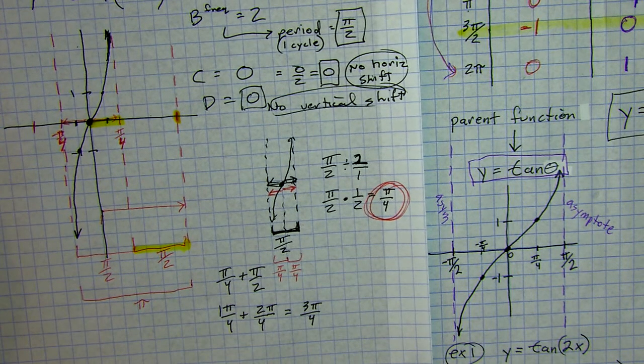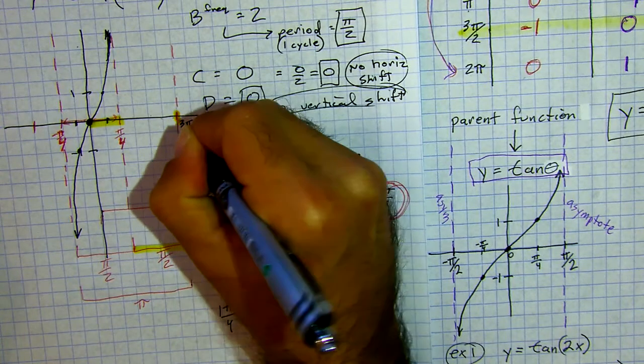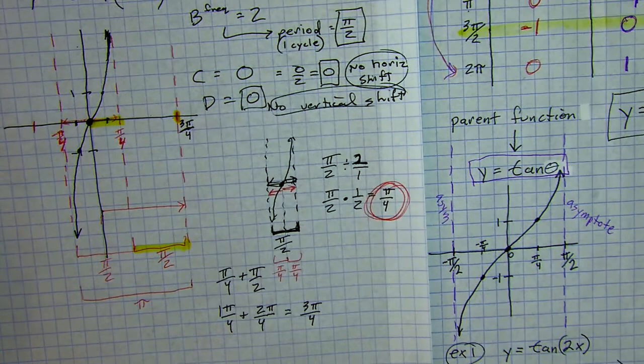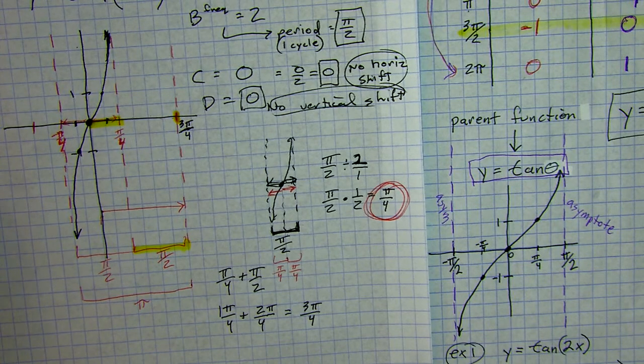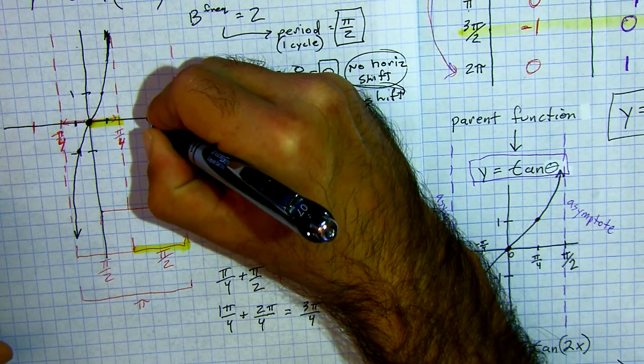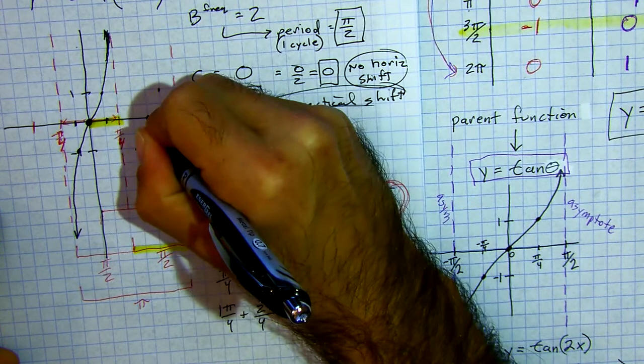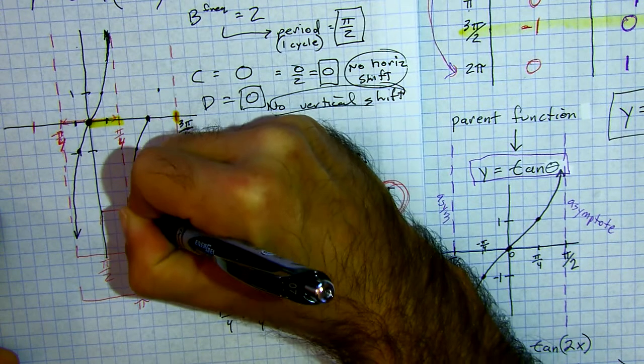All right, so we know that this is at 3 pi over 4. Excellent, excellent. And now we just have to do the same thing. We have to go and know and see that the inflection point's in the middle. It's going to be down 1 halfway, up 1 halfway, and go ahead and make your next cycle.